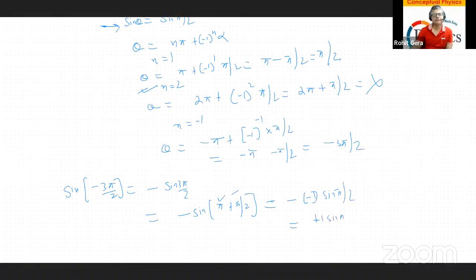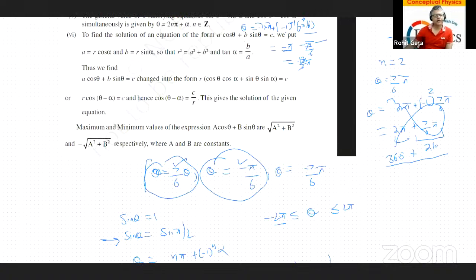It came. So this does satisfy. Yes, sir. So you have two more values, pi by 2 and -3 pi by 2. So how many total values of theta are there inside this? 4.